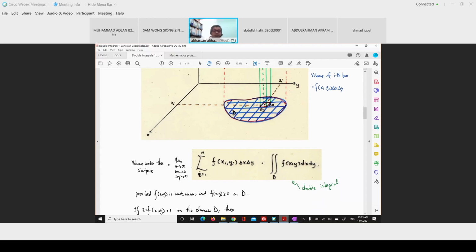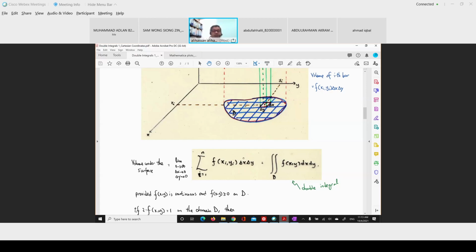Suppose we partition the domain D into n sub-rectangles. Then the sum of the volumes of the rectangular bars gives us an estimate of the volume under the surface.